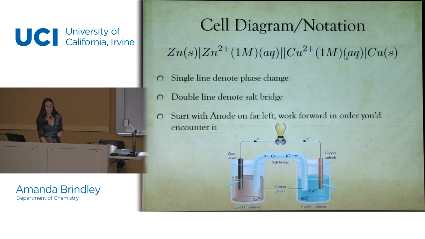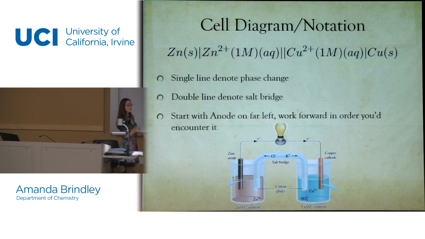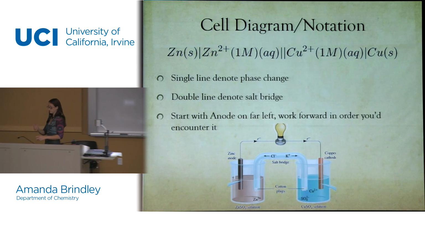Make sure your phases are there, those are important. And then at the point that we hit our copper ions, we go back to our copper electrodes. And so we're back to copper solid with a line there. Every time you hit a phase change, you draw a line. Every time you hit the salt bridge, you draw a double line.